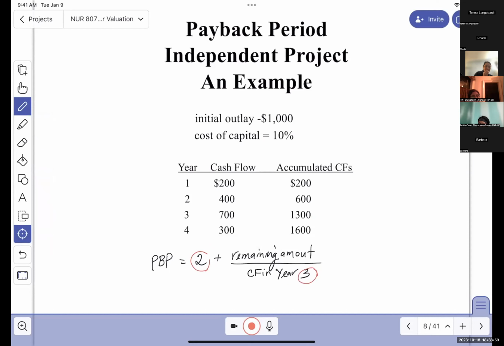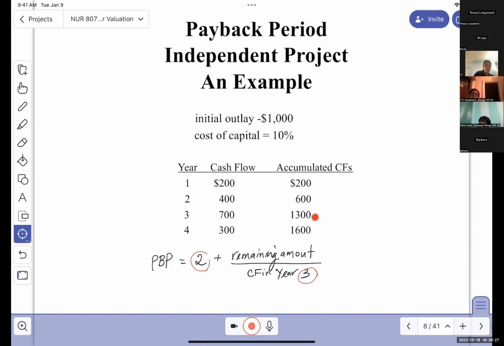Is everybody okay about that? So what am I talking about with the remaining amount? I put the cash flows here, and then I added them together. I put $200 at the end of the first year, then with an additional 400, that's $600 by the end of year 2. Then add the 700, that's 1,300. That's how I got these accumulated cash flows.